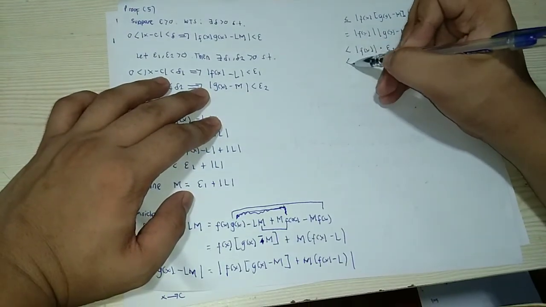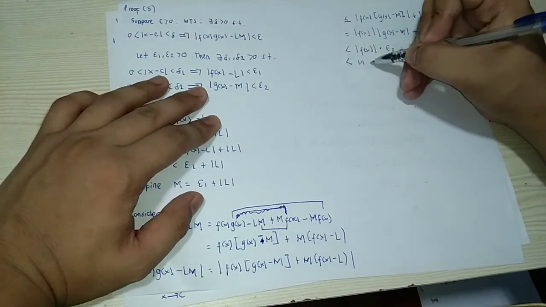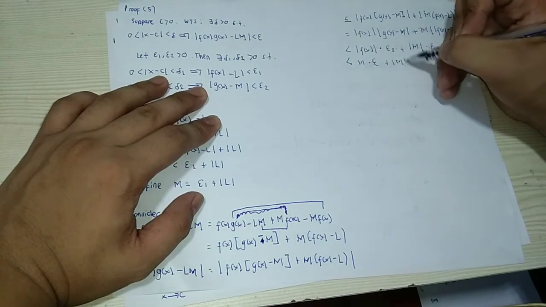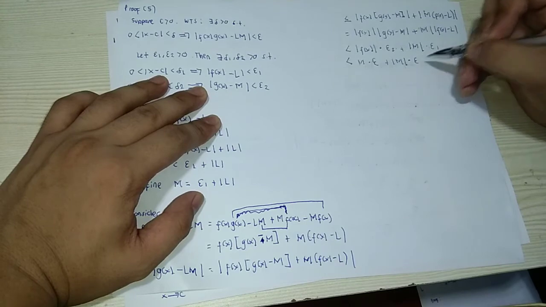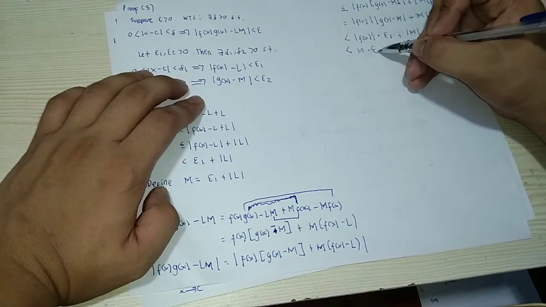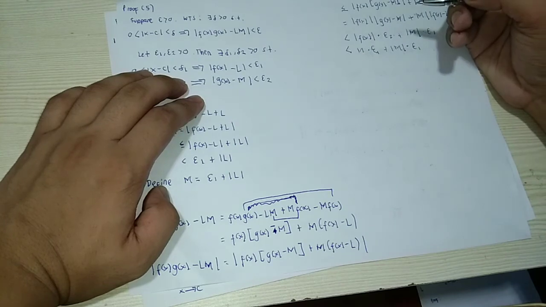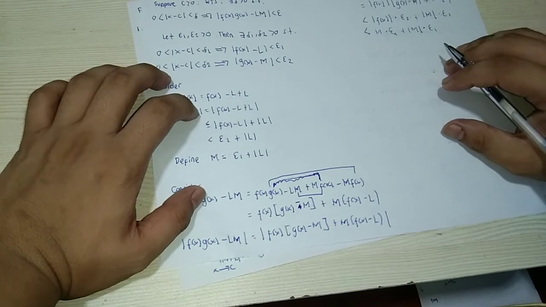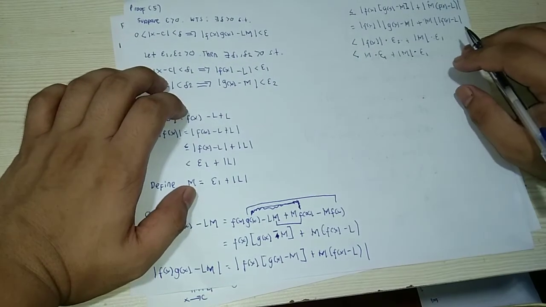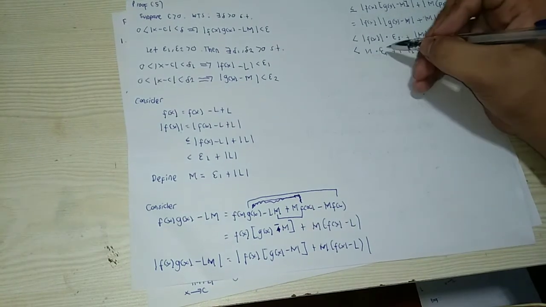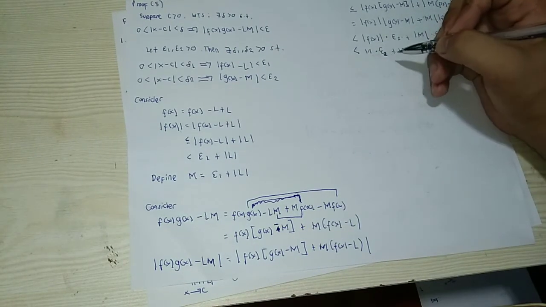So this will be less than m times epsilon sub 2 plus absolute value of m times epsilon sub 1. Okay. Tama. By the way, this is epsilon sub 2 pala.